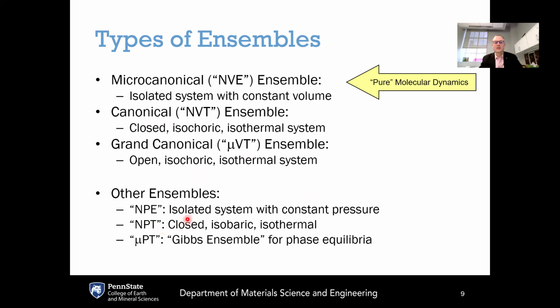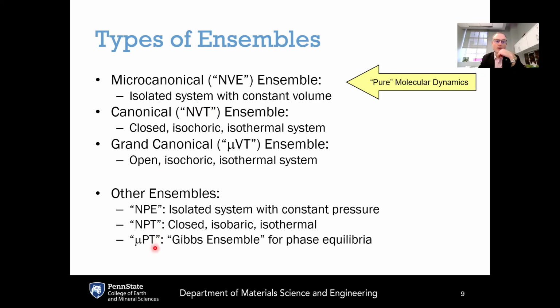So NPT is also rather common to use. It's probably the second most common ensemble to use after the canonical ensemble. And here we still use a thermostat to maintain the constant temperature, but then we also need to include a barostat in order to maintain the constant pressure of the system.